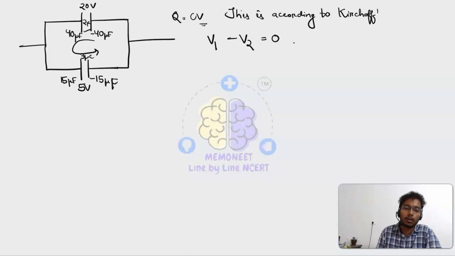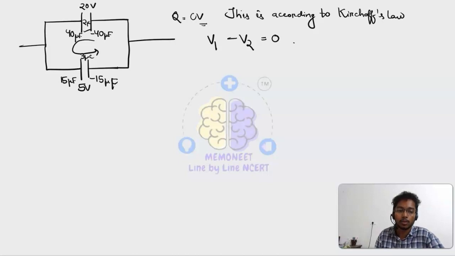Okay. So what is the voltage? Q upon C. What is the charge here? The voltage between both the capacitors. The charge must be deducted and added in different plates of the capacitor.